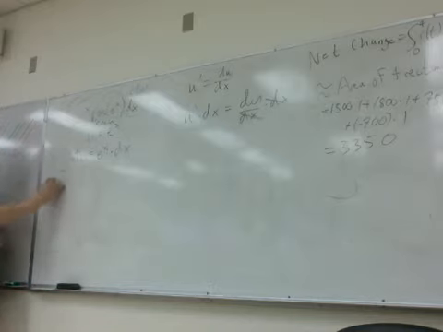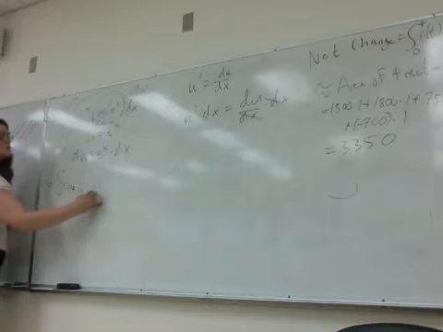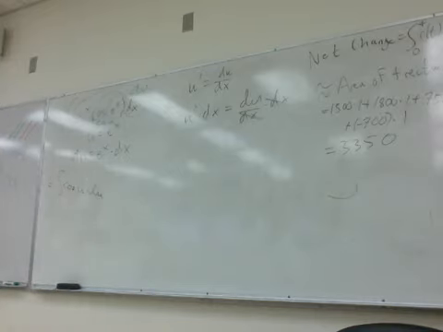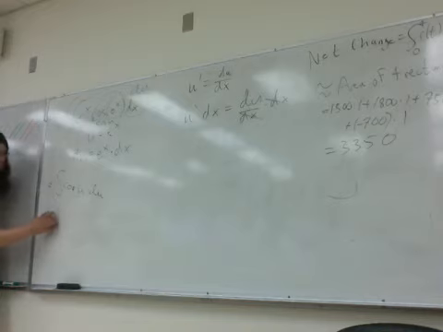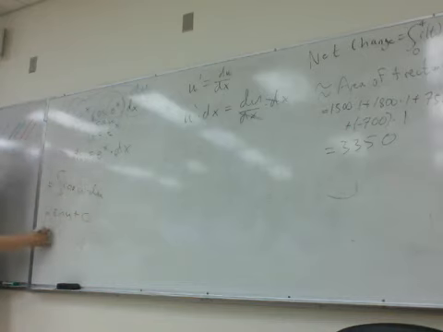So then this will just become the integral of cosine u times du. And then if we want to integrate cosine u, we just say, okay, what's the antiderivative of cosine? It's sine. And then we put back in what u is. U is e to the x.